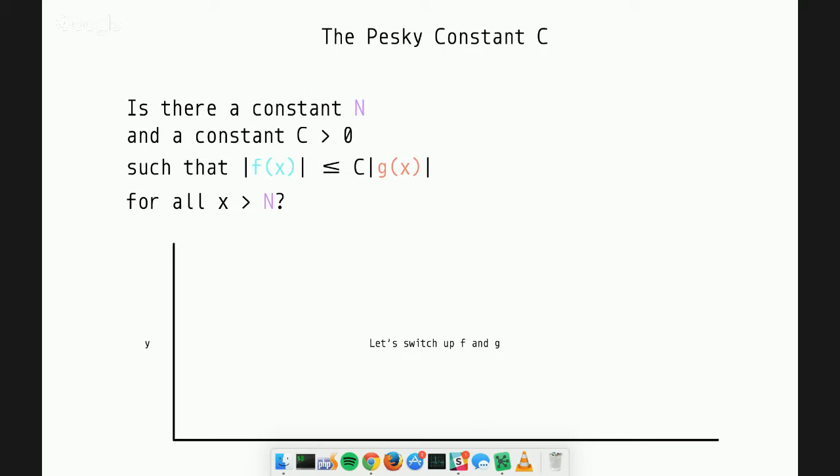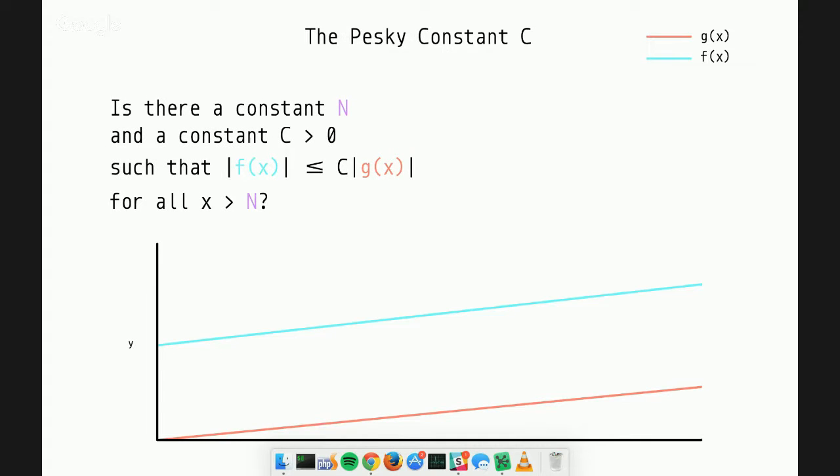But let's switch up f and g, and this is the situation where you want to talk about that. So the key is that if the functions are equal or at least tend towards the same point at infinity, they don't necessarily ever have to cross paths, but they can grow at the same rate or at relatively the same rate.